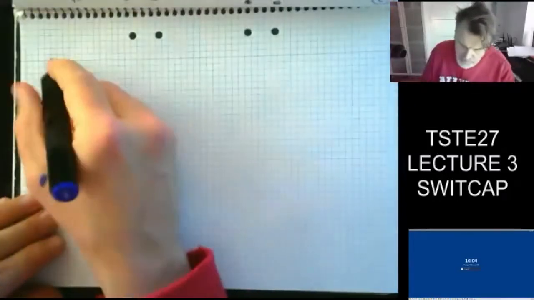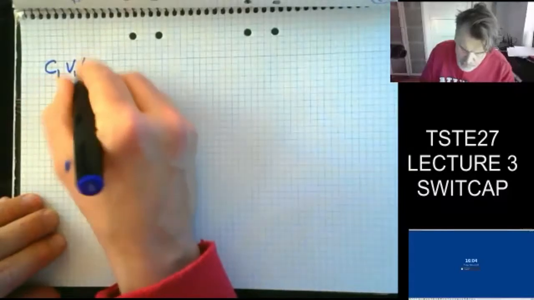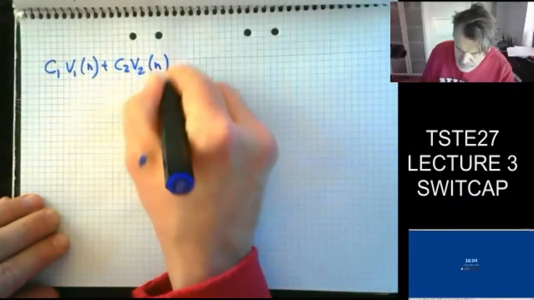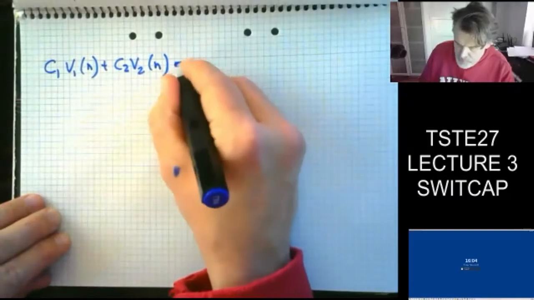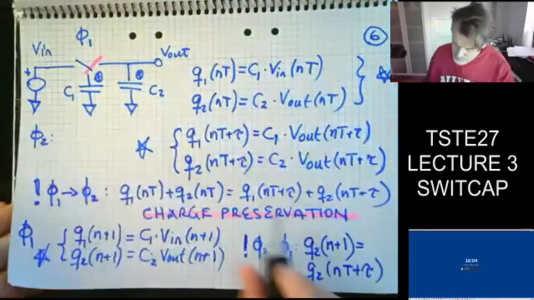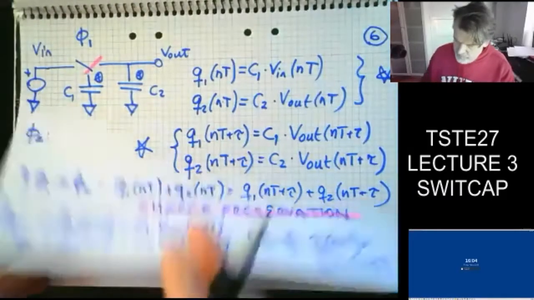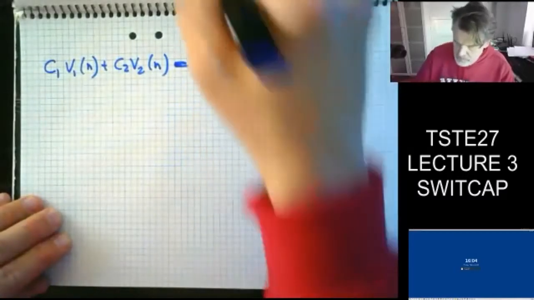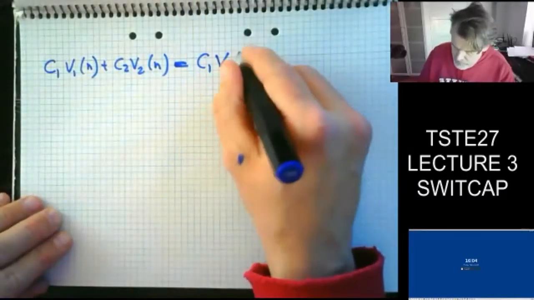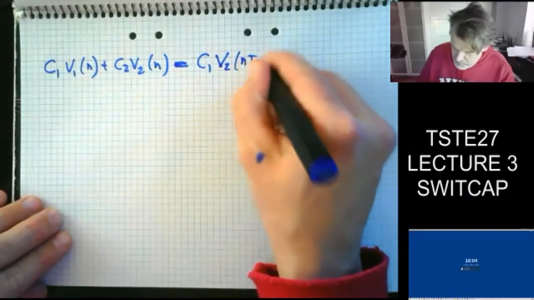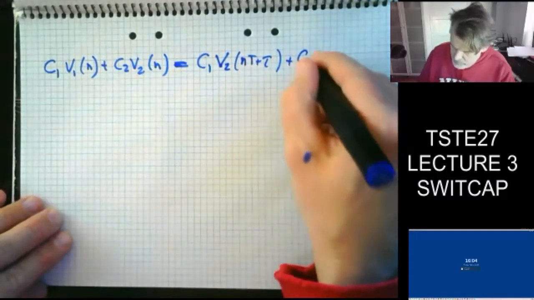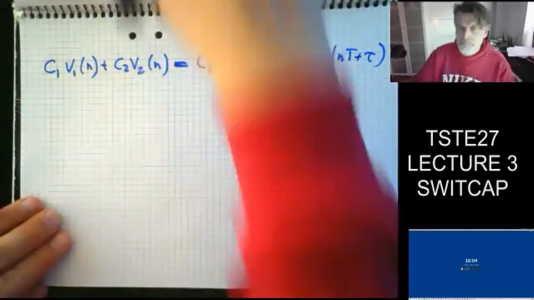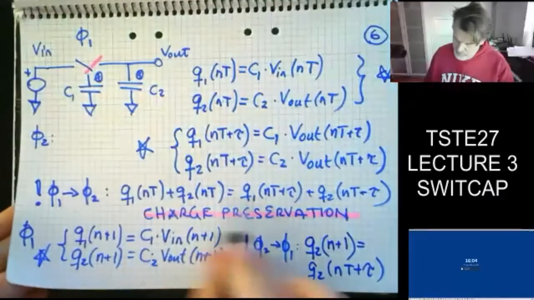Okay, so now I type them like C1 times V1 of n plus C2 V2 of n, so I replace the charge, is equal to Q1 of nT plus tau. So that's C1 of V2 of nT plus tau plus C2 of V2 of nT plus tau. Okay, so that was that preservation.